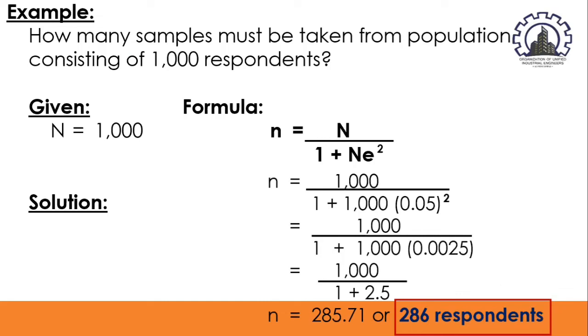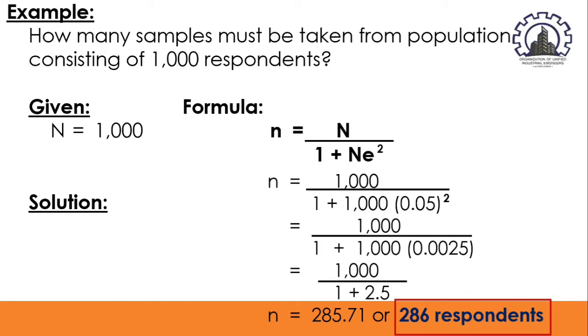And so we will be using our formula to calculate the total number of our respondents. Okay, our formula is n equals N over 1 plus N e raised to the power of 2. Now, all you need to do is to plug in the values to your formula. So in that case, your capital letter N or your population is 1,000 over 1 plus 1,000 times 0.05, which refers to your margin of error, raised to the power of 2. And continuing, the result is 285.71 respondents.